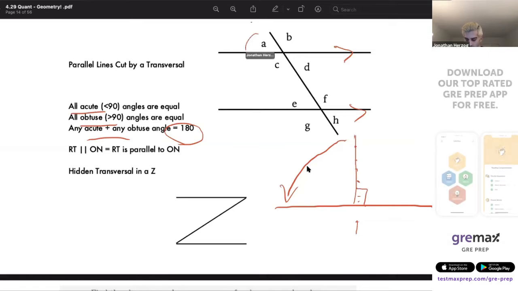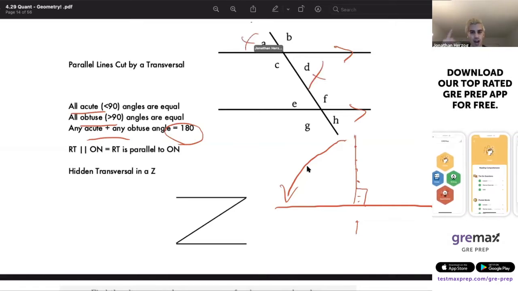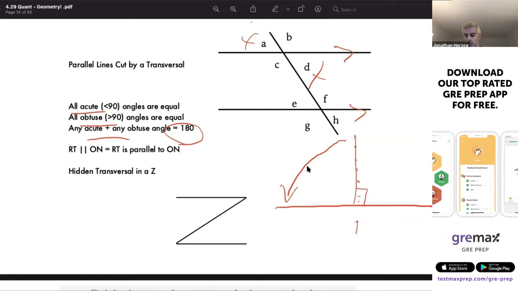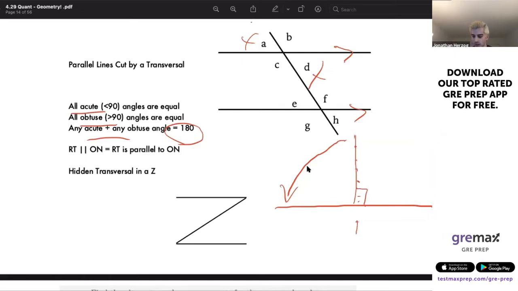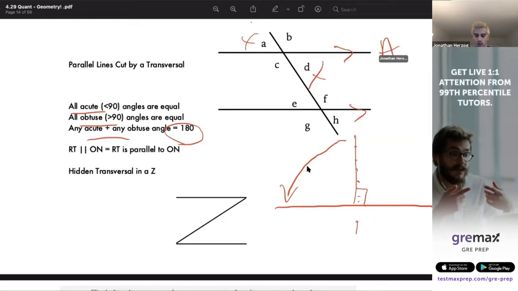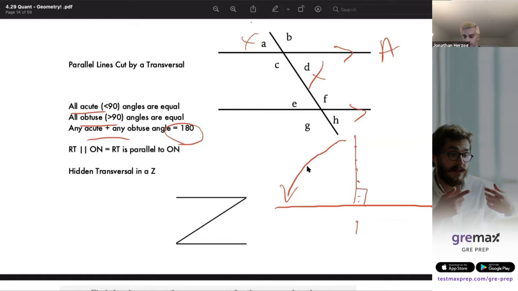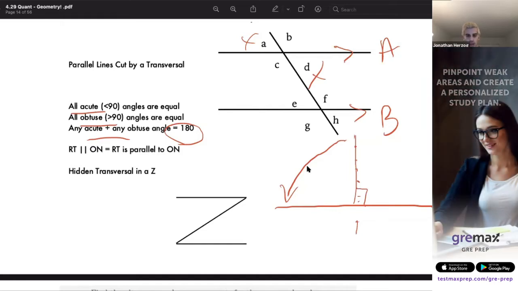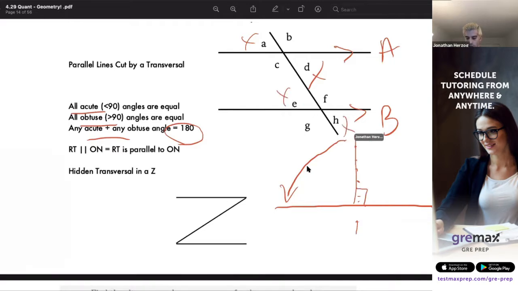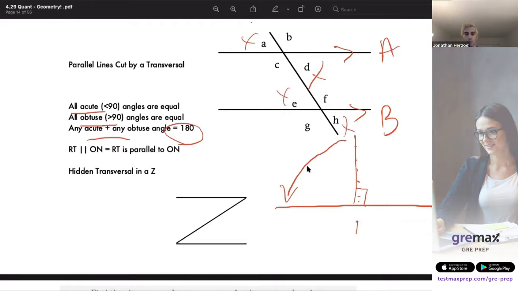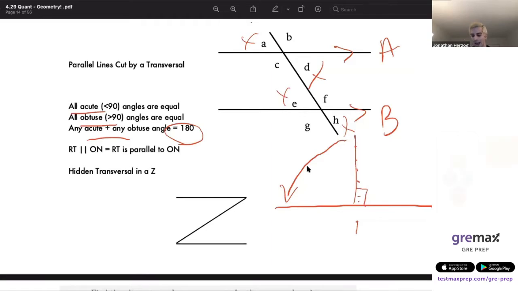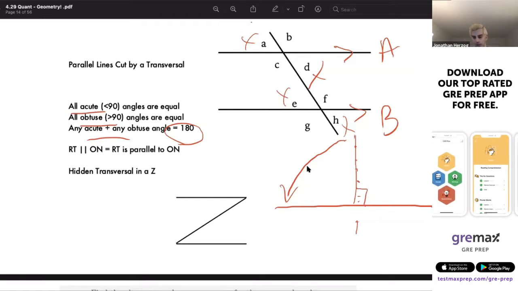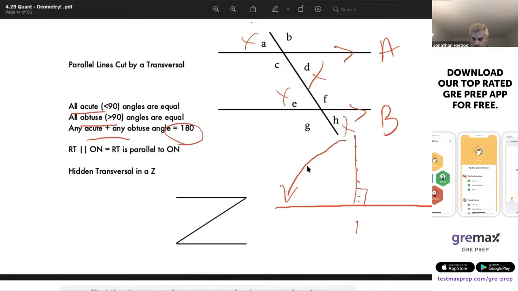So angle A and angle D, we can rederive and prove this to ourselves because angle A and angle D are just vertical angles in the context of, let's call this line A, and the transversal, call it line T. But also, if it's told to me as a constraint that line A is parallel to line B and a transversal line crosses them, then I also know all acute angles are equal. Likewise, their supplementary angles, or the angles for which, when added to that angle equals 180 degrees, are also equal.